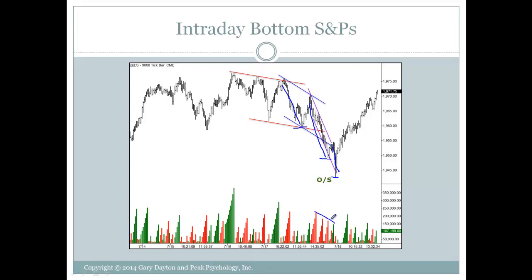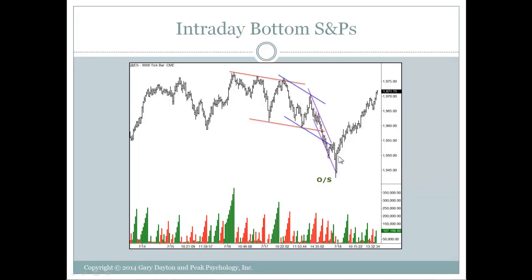But you can see that the volume is getting less and less as the market is coming down and down and down, and it's not making as much of a thrust coming down. So this is selling, but it's not as forceful as it was, okay? And that's what shortening of the thrust to the downside indicates for us. So we get oversold, we get shortening of the thrust, and we get diminishing volume down there.